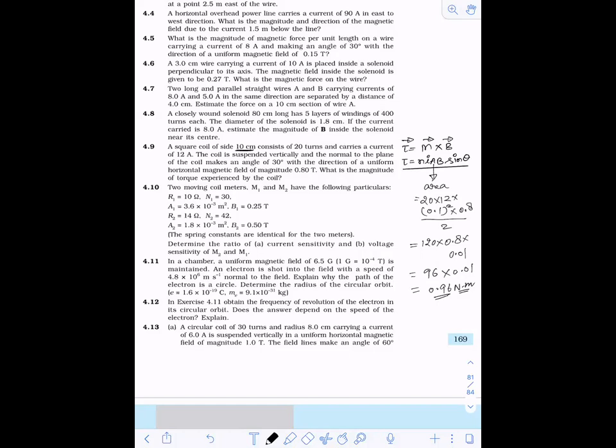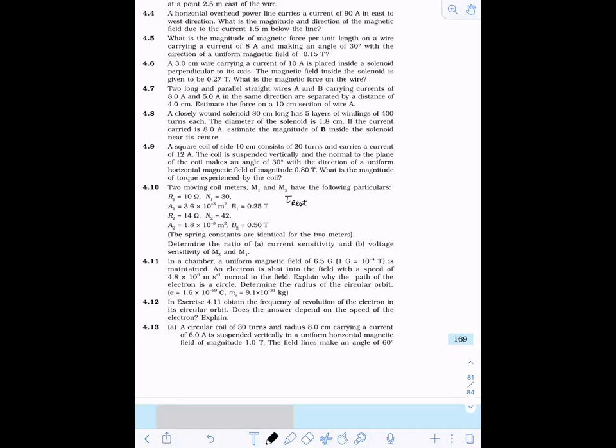So did I tell you about the voltage sensitivity? I have deliberately not told voltage sensitivity. Why? Because I wanted you to work out that voltage sensitivity. Current sensitivity I have told you, voltage sensitivity I didn't tell you. Because if you can calculate current sensitivity, you should be able to calculate the voltage sensitivity.